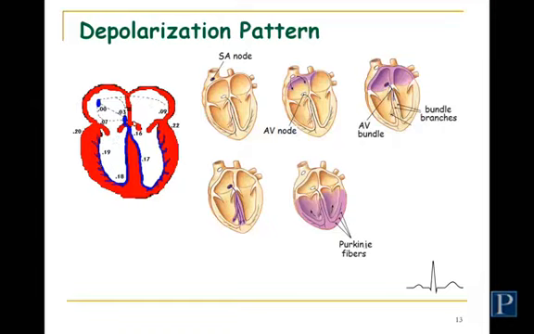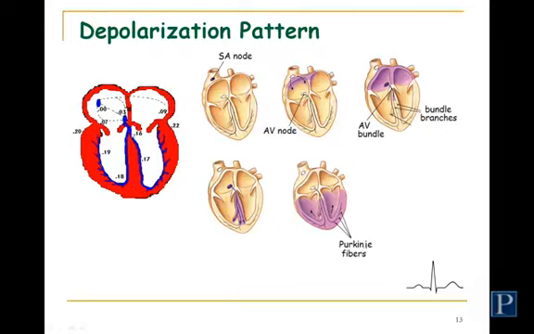The significant majority of that delay is within the AV node. So the 130 millisecond delay at the AV node is extremely important. We have a little bit of slowing, which allows the atria to contract and fill up the ventricles, and that would be during atrial systole.